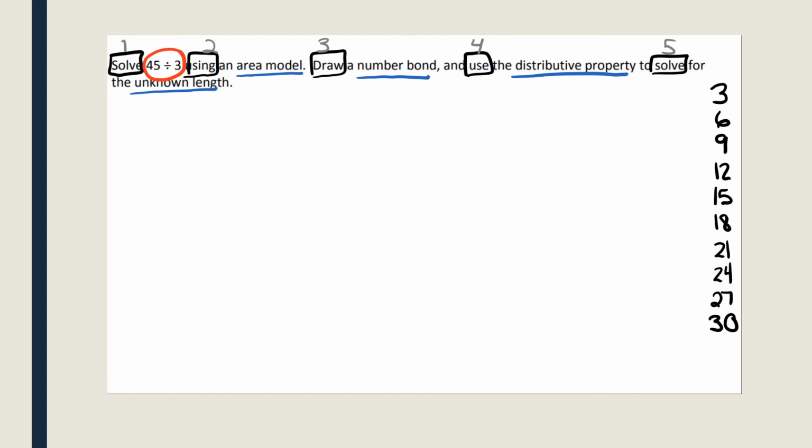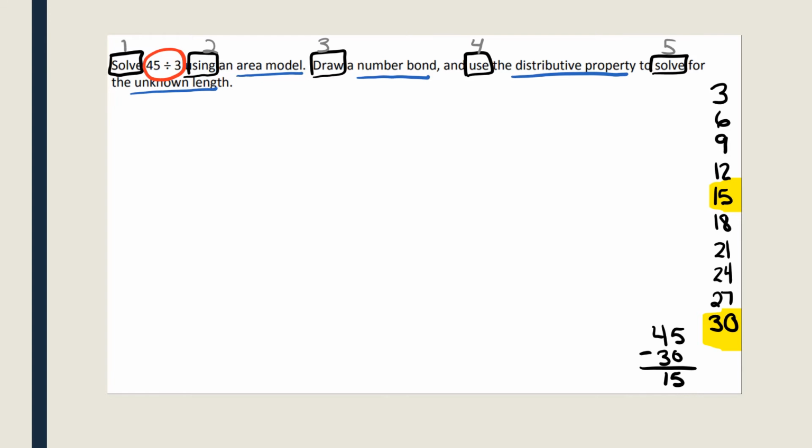Okay, so I'm going to look through my list and find 2 numbers that equal 45 if I put them together, but they're easy to divide by 3. So just looking through this list, I know that 30 is easy because 30 divided by 3 would be 10. And if I think that I need 45 to be my total, and I'm going to use 30, what's left is 15. And 15 is also on my list, and that's easy. 15 divided by 3 is 5.